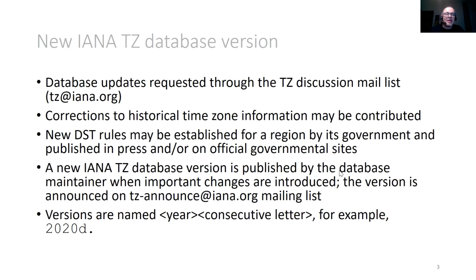And this information is slowly discovered by various people who dig through old press archives and so on. So there are sometimes changes related to the history for a given region, and these changes, if confirmed, can be taken into consideration in the new version of the time zone database.